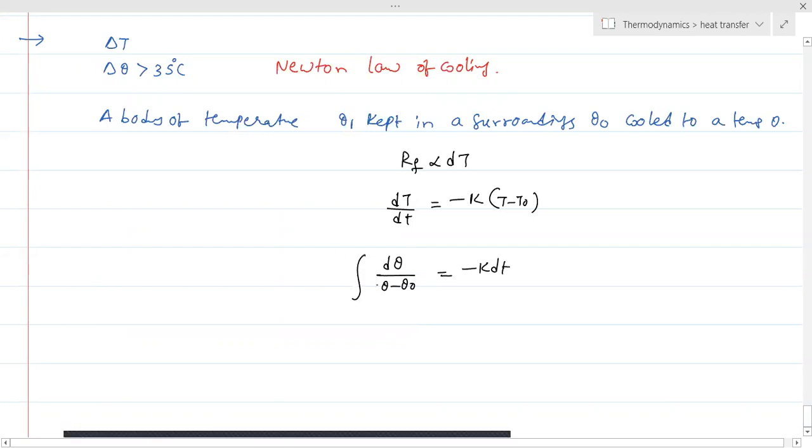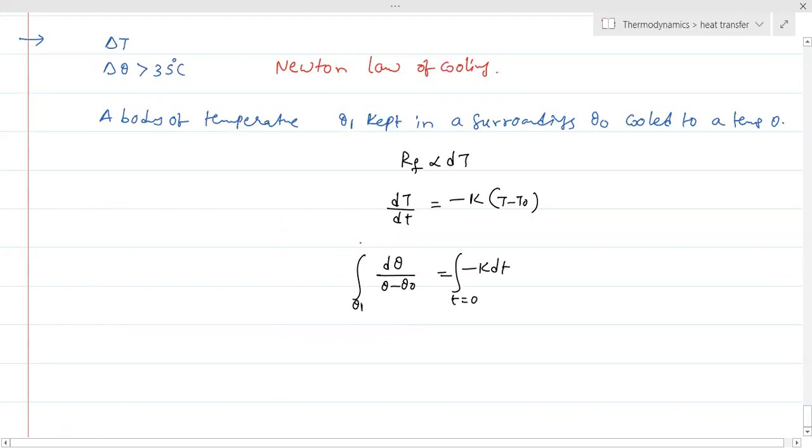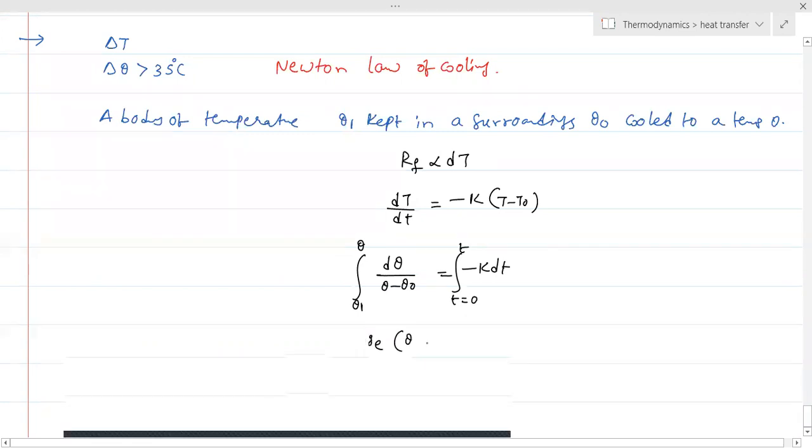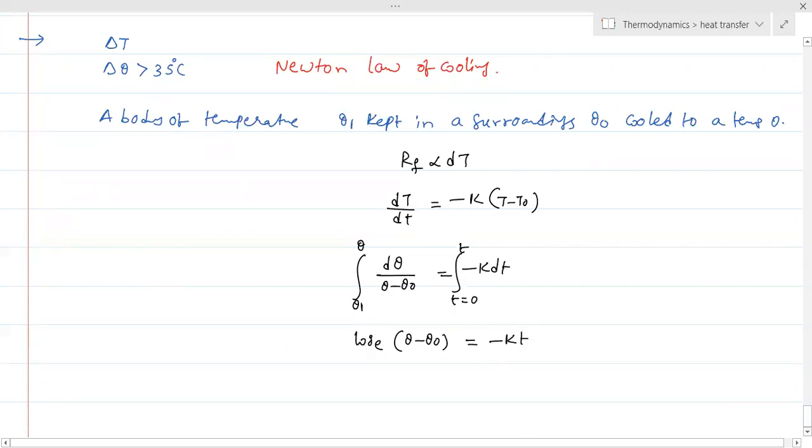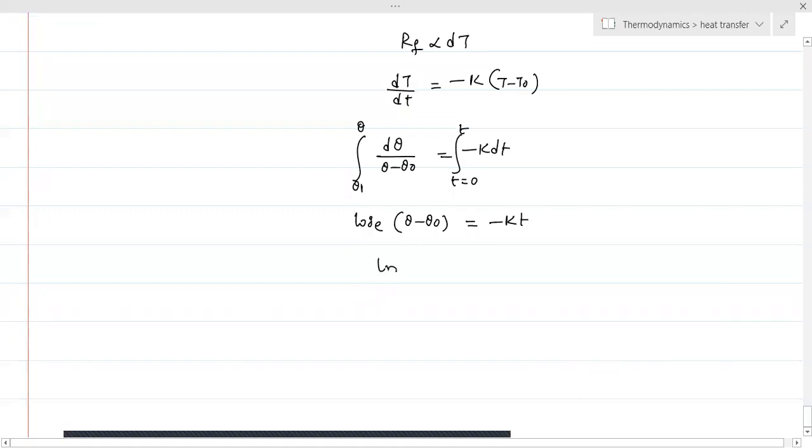So we will apply integration on both sides. The temperature of the body initially, when t equals 0, is θ1, and the final temperature is θ after a time t. The integral of 1 by x into dx means log x. We have log base e of (θ minus θ naught) equal to minus kt, or we can write ln of (θ minus θ naught) equal to minus kt.